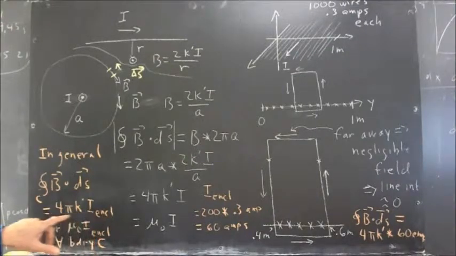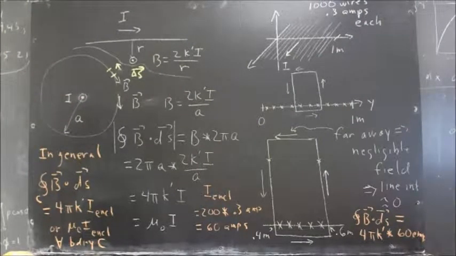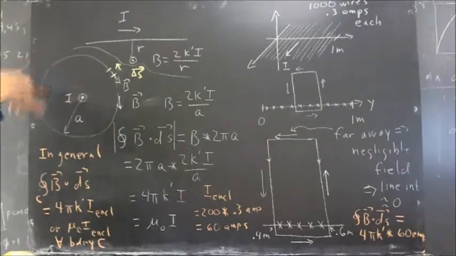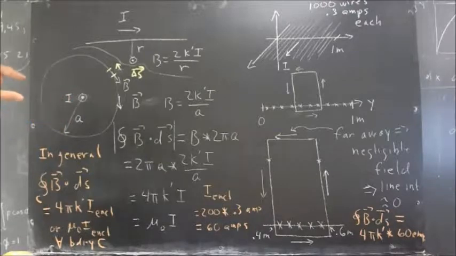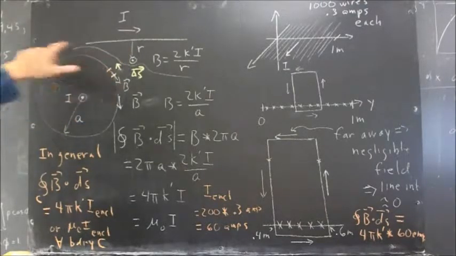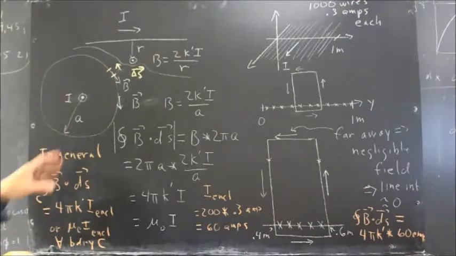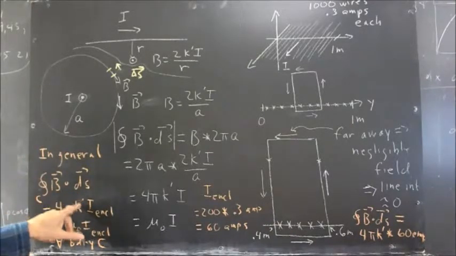But that's how we prove that this works not just for the current in the center of the loop, in other words a loop that surrounds the conductor at constant distance, but any old loop that we want to make around this conductor. Okay, and any old loop is going to include all the currents that pass through.